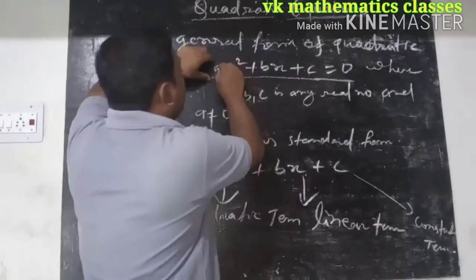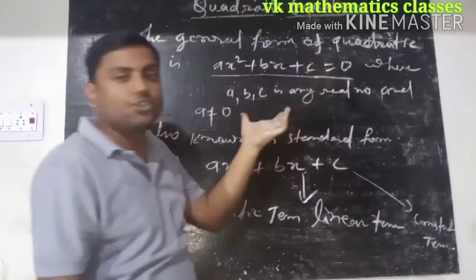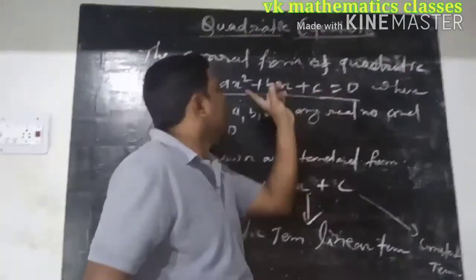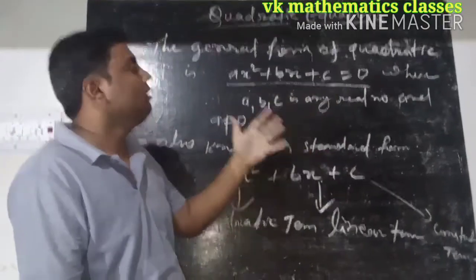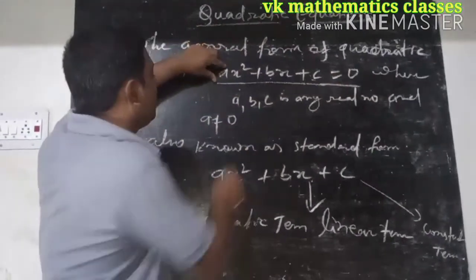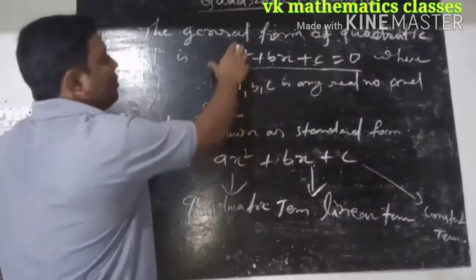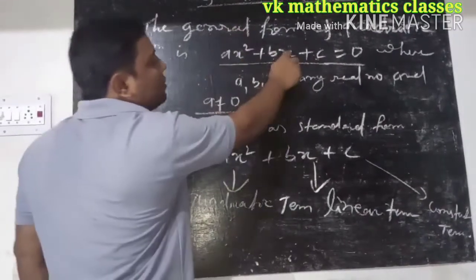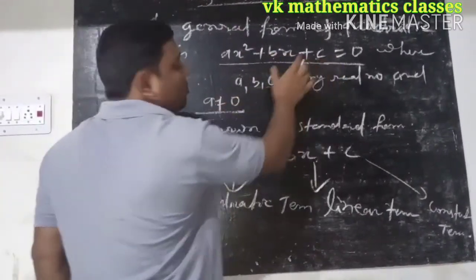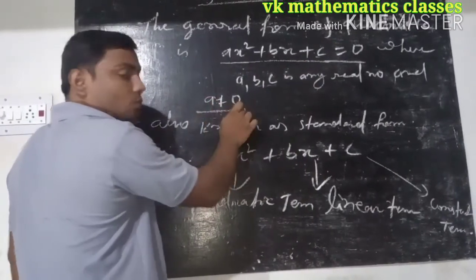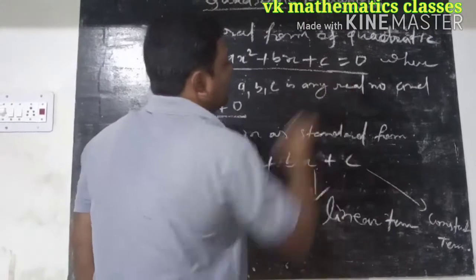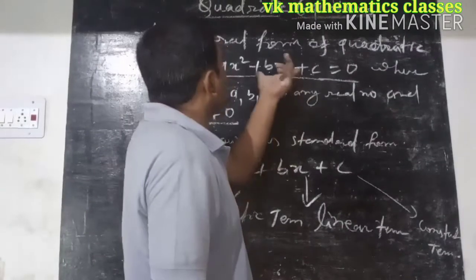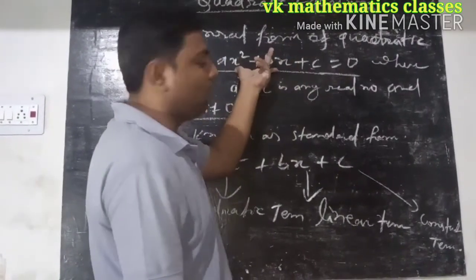Here a, b, c are constants, any real numbers, and a does not equal 0. If a equals 0, this is a linear equation, because the highest power of variable is 1, so it is known as a linear equation, not quadratic. So a must not equal 0, and a, b, c are constants or any real numbers. This is also known as the general form or standard form.